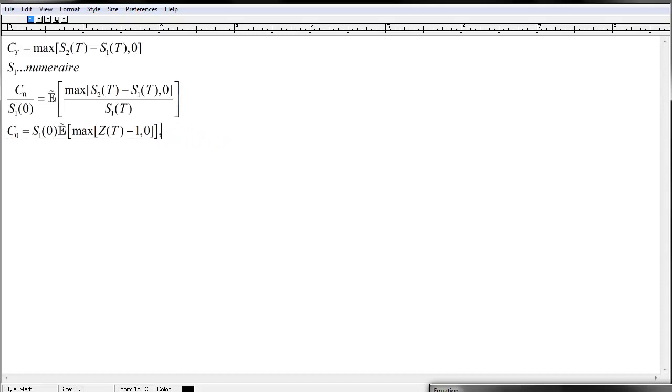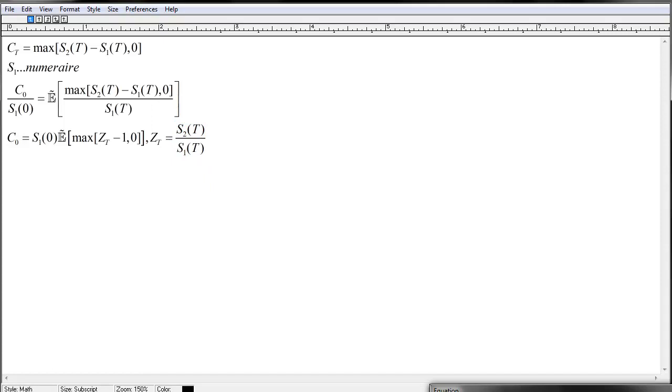Okay, where maybe I should use this notation, where z of t means that it's S2 divided by S1.